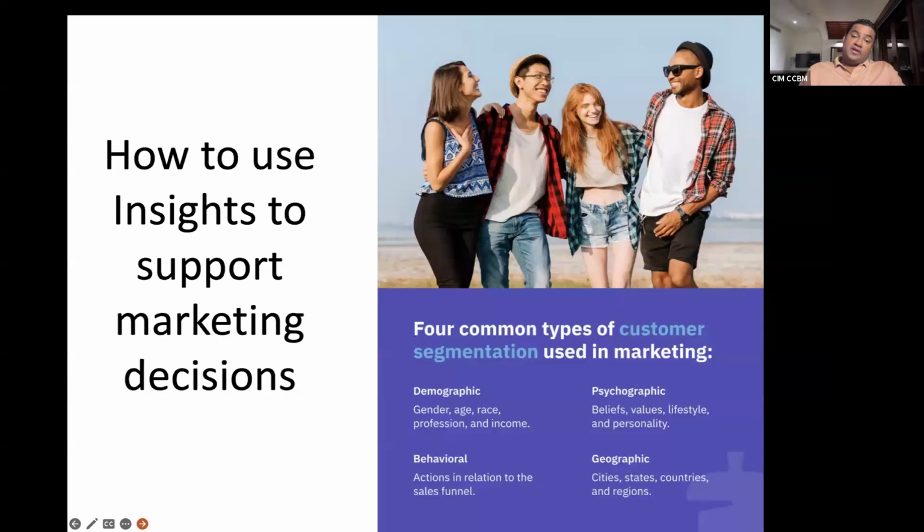Geographic means based on the geography. Who comes from Colombo 5 to my supermarket? Who comes from Colombo 6 to my supermarket? Who comes from Colombo 7 to my supermarket? So that's geographic segmentation. So demographic means personal factors segmentation. Behavioral is based on the behavior of the customer. Geographic is based on the geography.